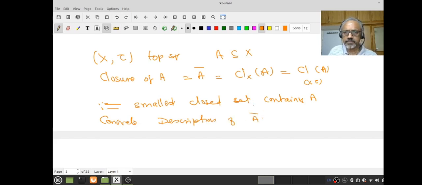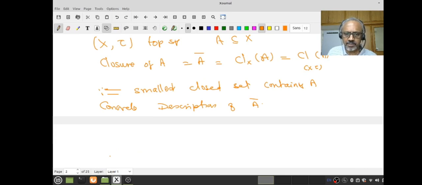The closure. If you had really understood our motivation, how we defined the adherent point and the various results, such as A is closed if and only if it contains its adherent points, it should not be a surprise.